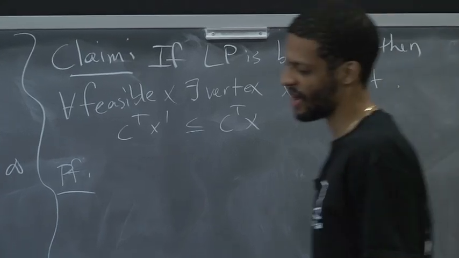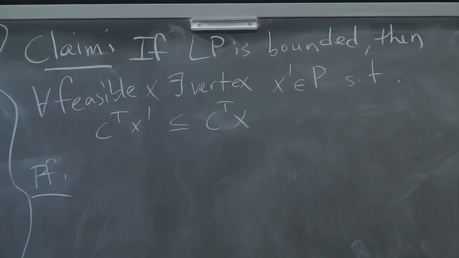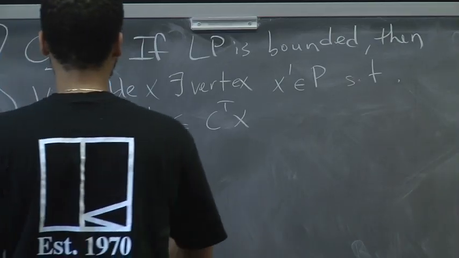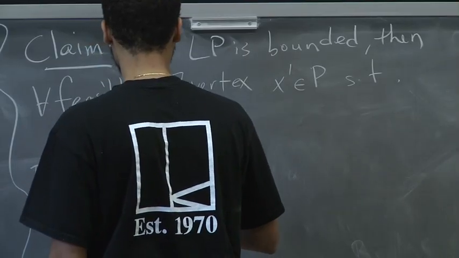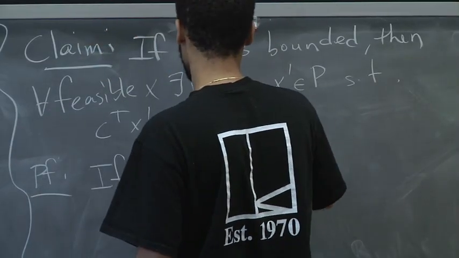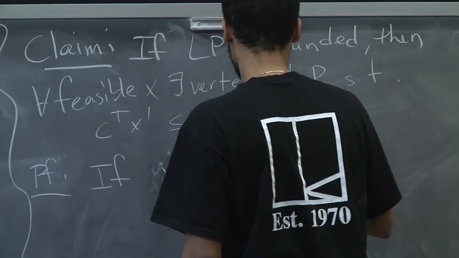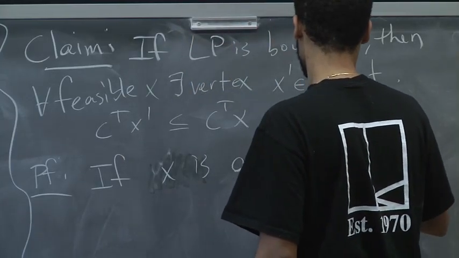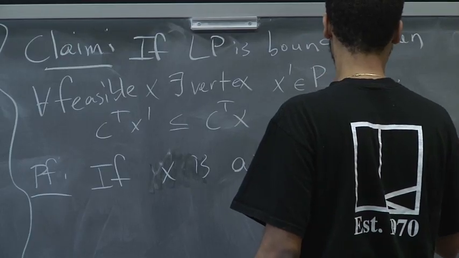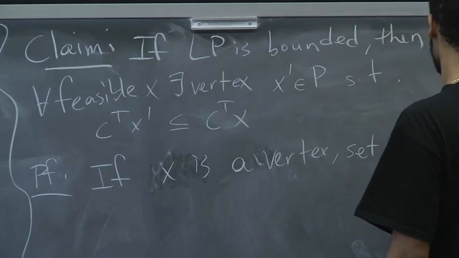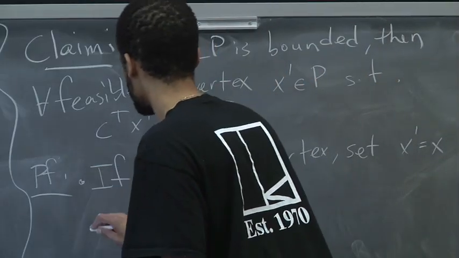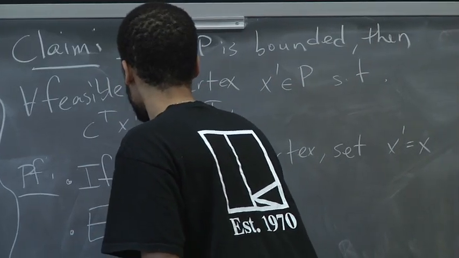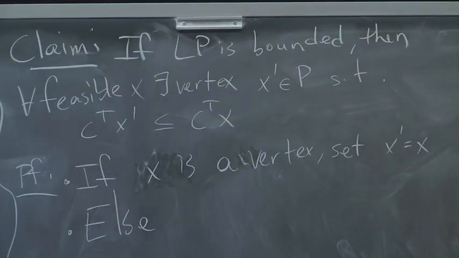If X is already a vertex, then we're done. We set X prime to equal X. Else, what does it mean?